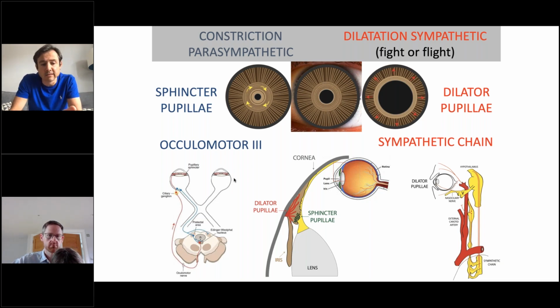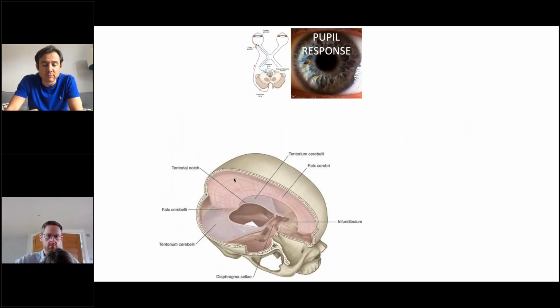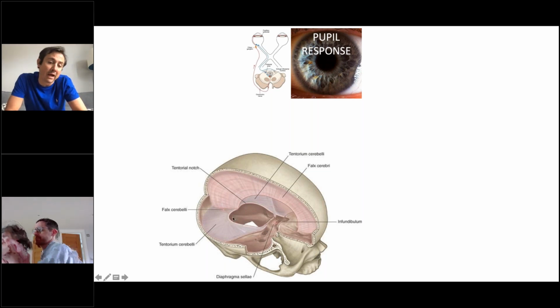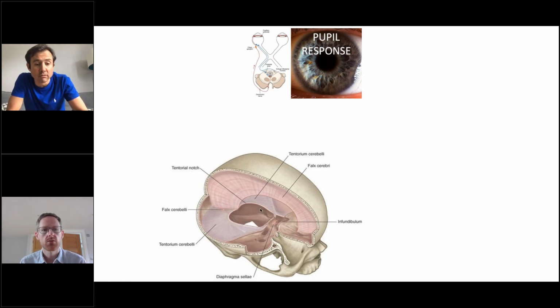The important point to recognize then is that the oculomotor nerve passes along the tentorial edge, which is again, as we know, the boundary between the cerebral hemispheres and the cerebellum beneath.